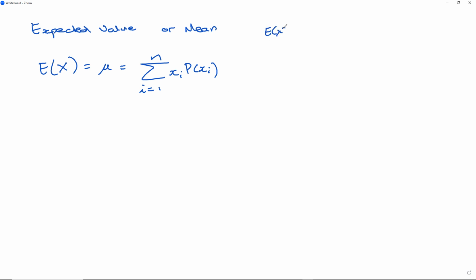So we know that E of X here is the expected value, and we know that mu is the mean. Xi, we can also call the outcome, and the probability of Xi is the probability of the outcome.